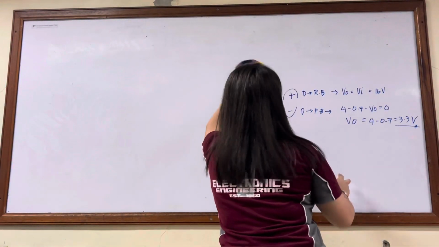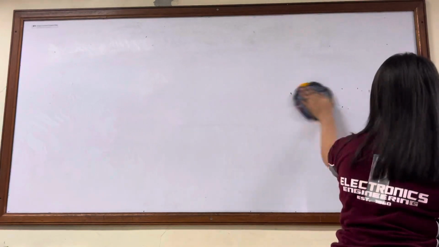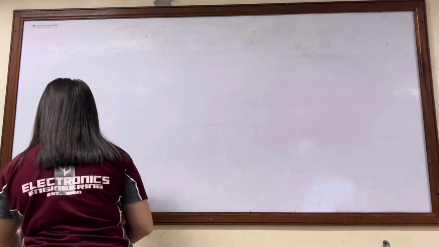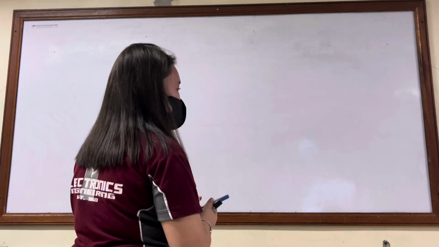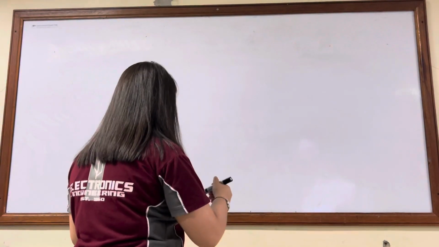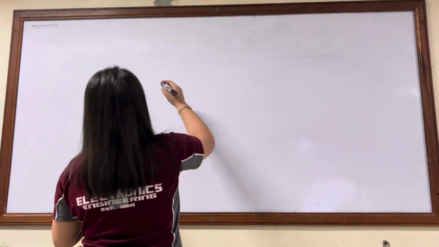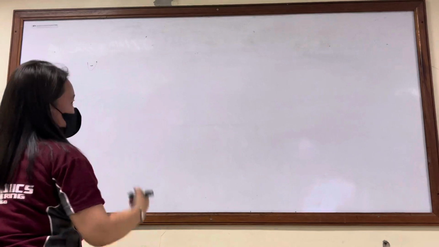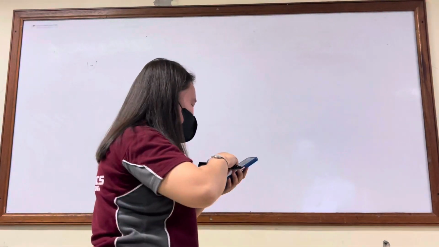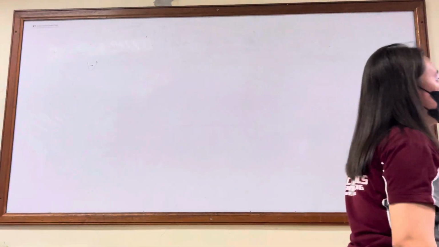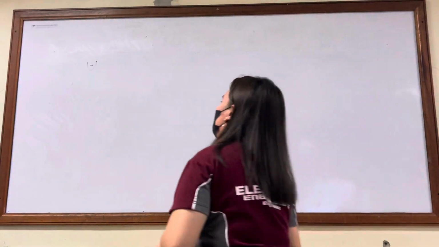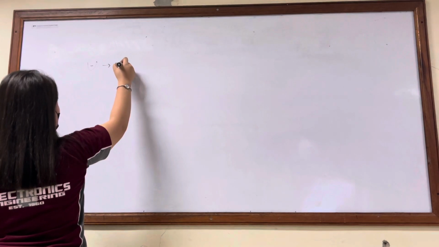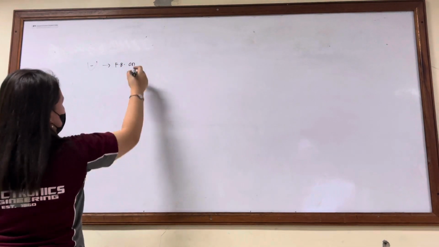Now, during negative half cycle class, our diode is forward bias. On siya. Okay?